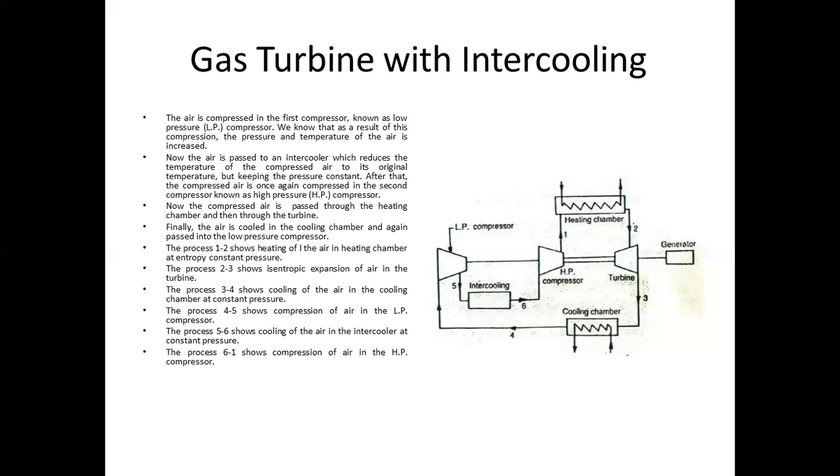The process 4 to 5 shows compression of air in the low pressure compressor. Process 5 to 6 shows cooling of air in the intercooler at constant pressure. Finally, the process 6 to 1 shows compression of air in the high pressure compressor.